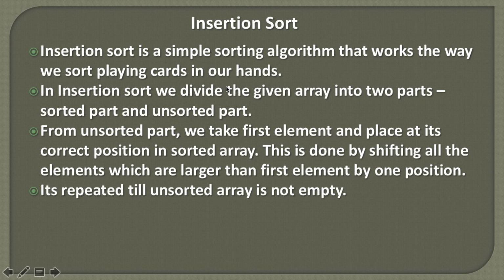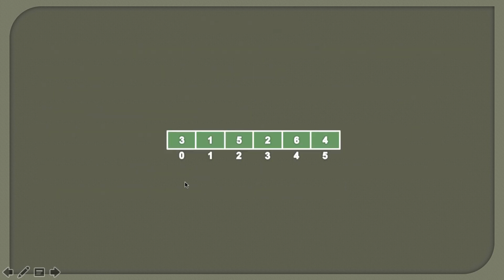We'll take an unsorted array, apply the algorithm mentioned here, and see how we can sort the array. So friends, here you can see that we have this array from index 0 to 5. Basically there are 6 elements with the values 3, 1, 5, 2, 6, 4. Now let's say we want to sort this array in ascending order.